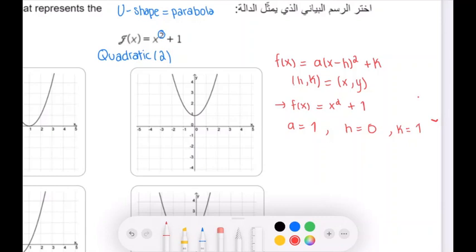So if we want to find the vertex, it would be h and k, which is 0 and 1, equivalent to x and y. So this would be the vertex of the function.